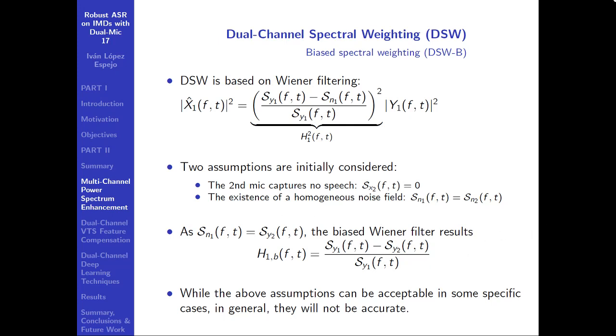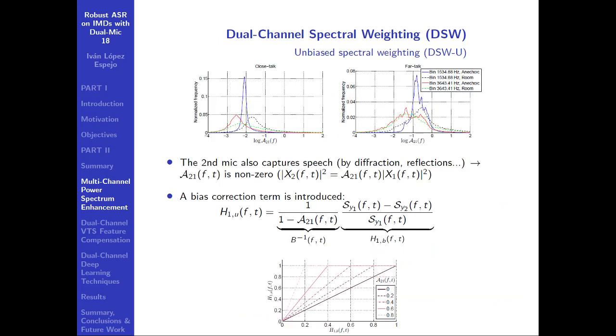These assumptions can be acceptable in some specific situations, for example, when we use a dual-microphone smartphone in close-talk conditions. In general they will not be accurate, because the secondary microphone also captures a speech component, mainly by diffraction at the borders of the device, reflections from the environment, etc. So this implies that the speech gain term a sub 2,1 is non-zero, something that we can see from these histograms of the natural logarithm of the speech gain term a sub 2,1, obtained by means of a dual-microphone smartphone used both in close-talk and far-talk conditions.